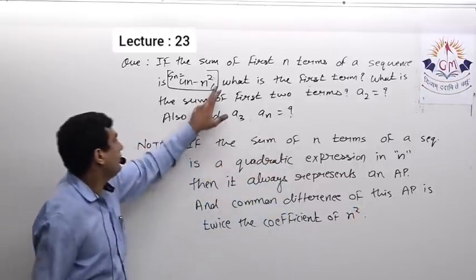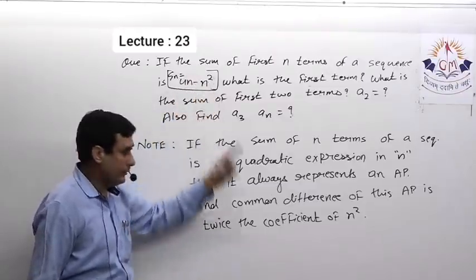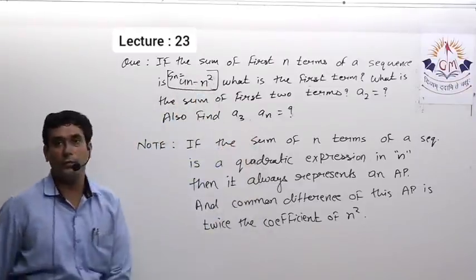Here the coefficient of n square is minus 1, its double is minus 2, and that is the common difference of this sequence.